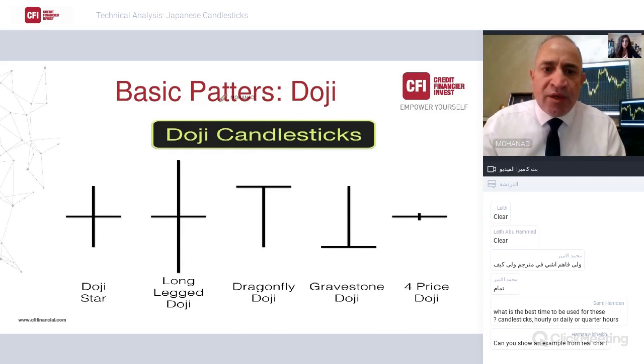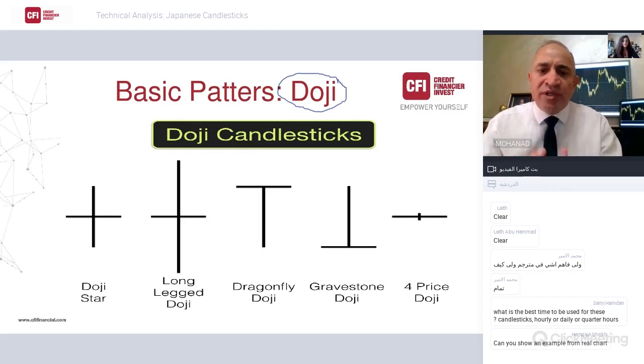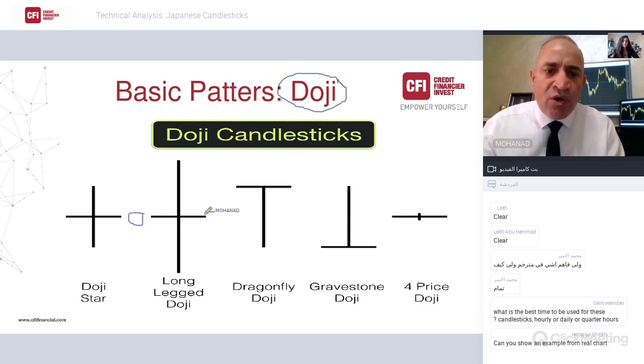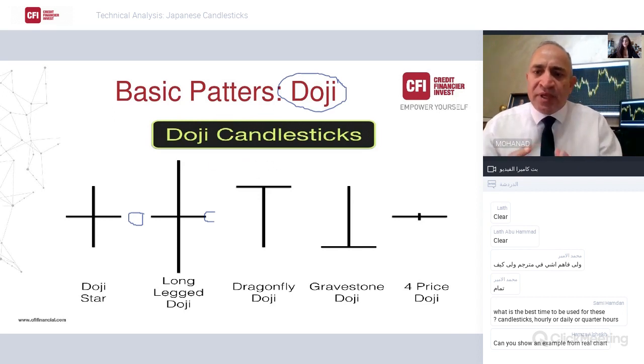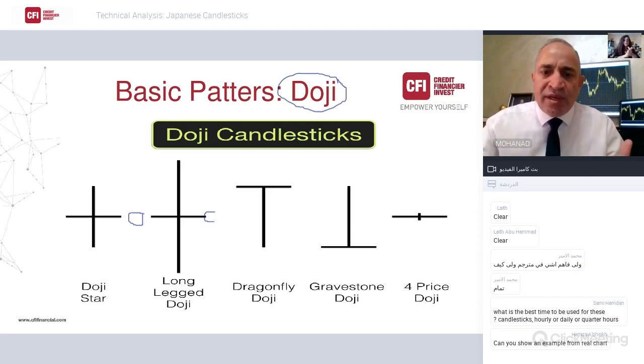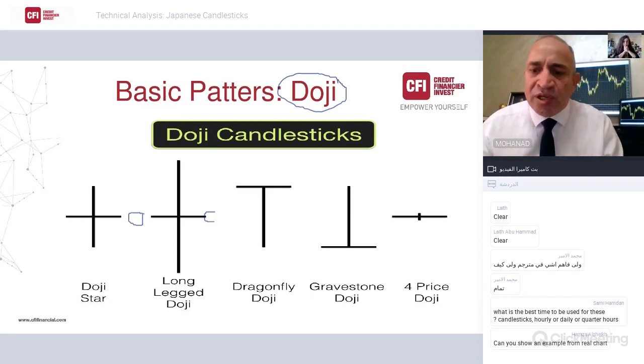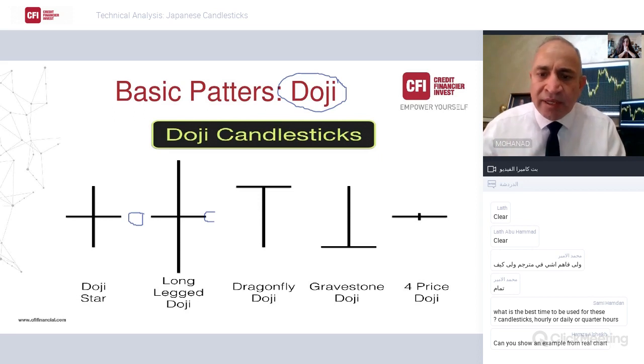The Doji candlestick, when the open and the close price are equal, or when we don't have a body, that means the open is equal to the close price. The doji, when the market has no decision, means neither the buyer nor the seller knows the direction of the market.